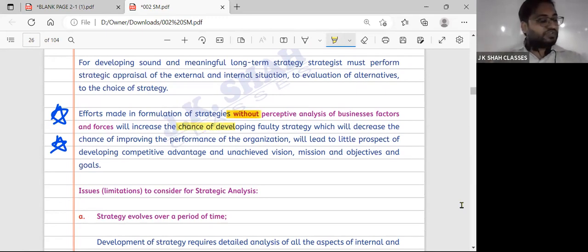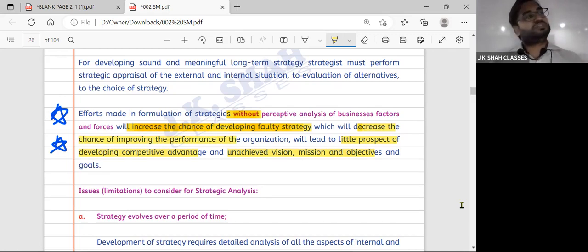You will increase the chance of developing faulty strategy. And if you make a faulty strategy, what will happen? Unachieved vision, mission, objectives, right? Then little prospects of developing competitive advantage, meaning you will not achieve competitive advantage. I hope you understood the language. Decrease the chance of improving the performance of the business.